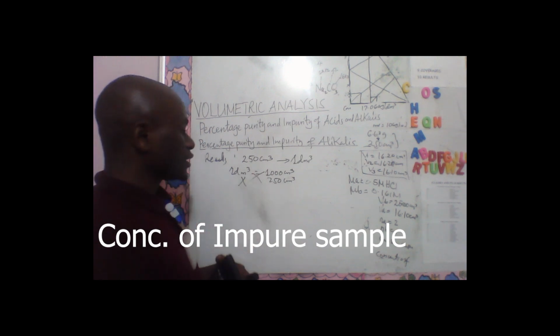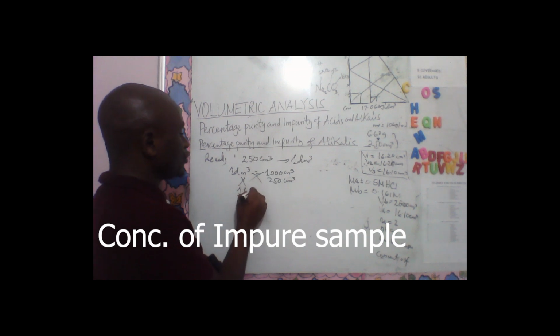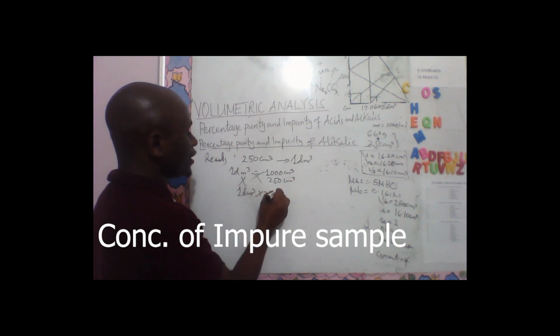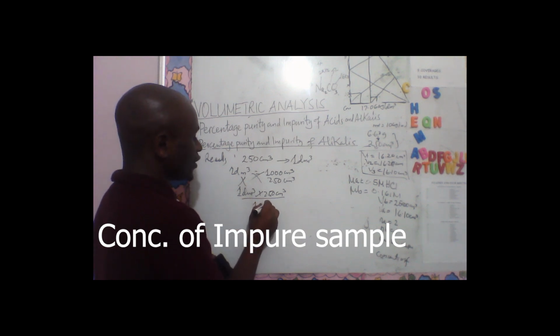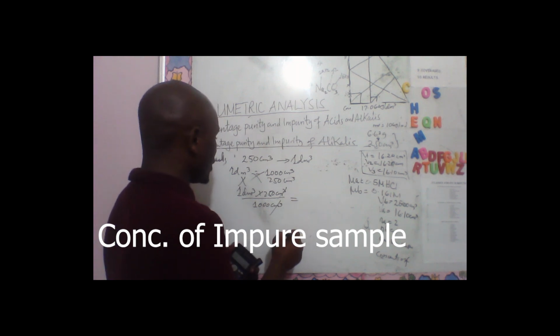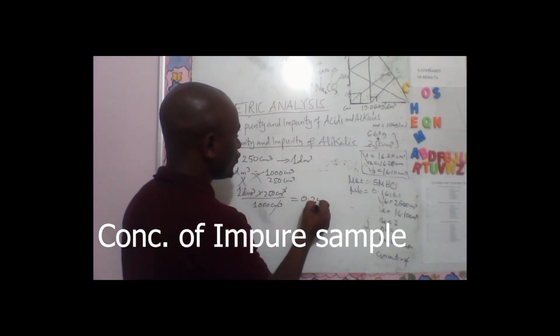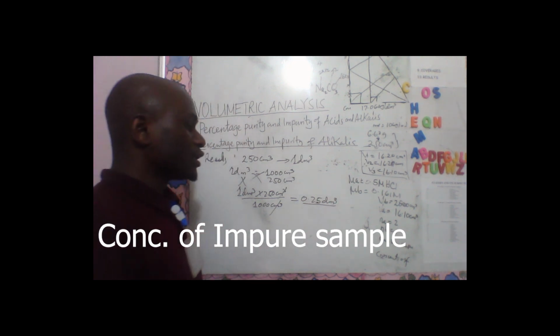By cross multiplication, we end up with 1 decimeter cube times 250 centimeter cube over 1,000 centimeter cube, in which the units cancel out, so we end up with 250 divided by 1,000, which becomes 0.25 decimeter cube.